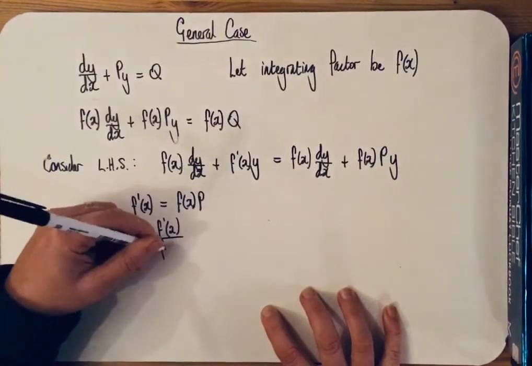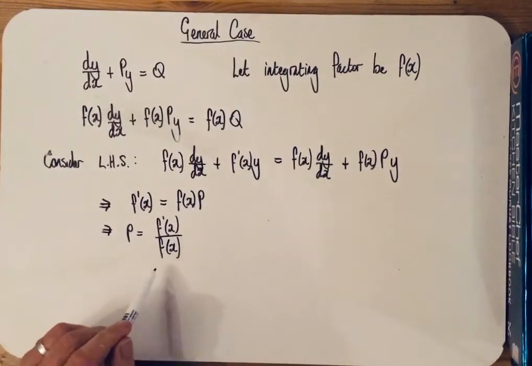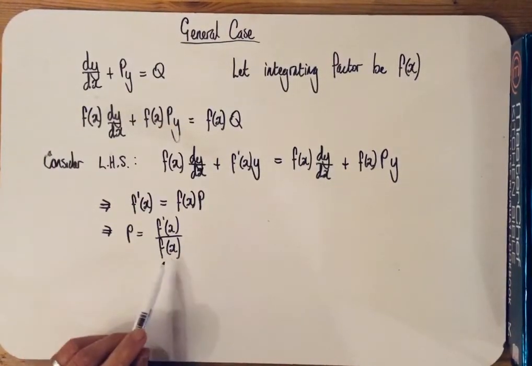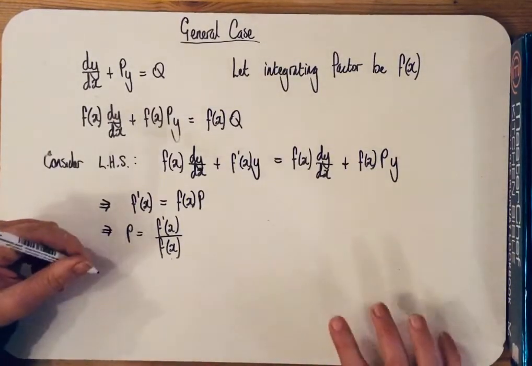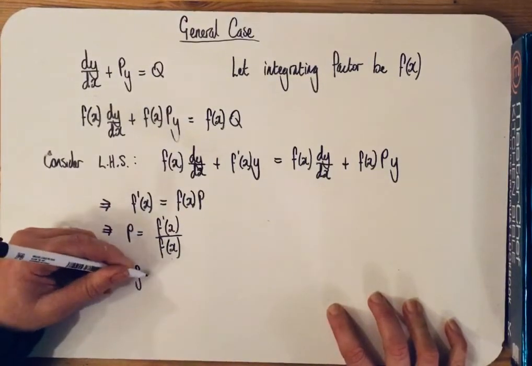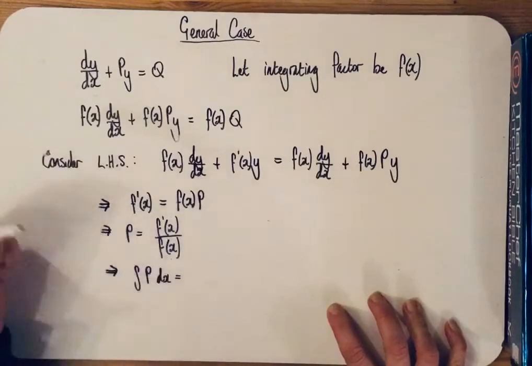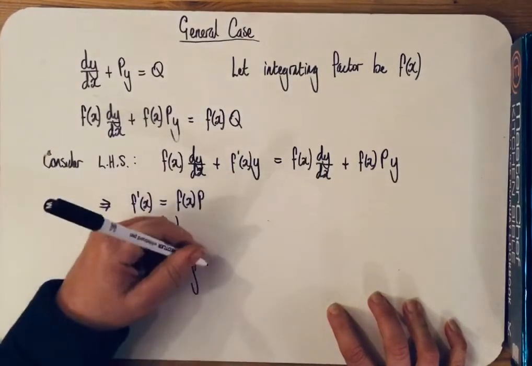And when you have a fraction where the top of the fraction is the bottom bit differentiated, if you integrate that, you're going to get ln of f(x). So what we're going to do is integrate both sides with respect to x. I'm doing the same thing to both sides of the equation.